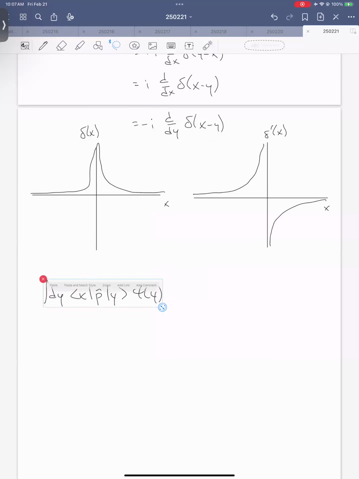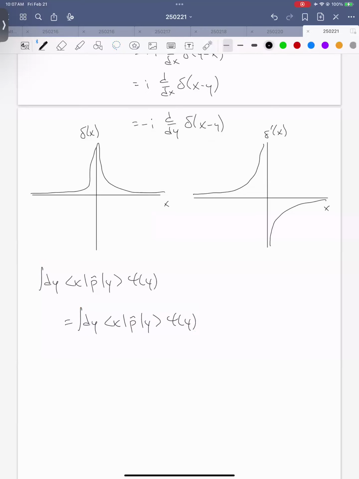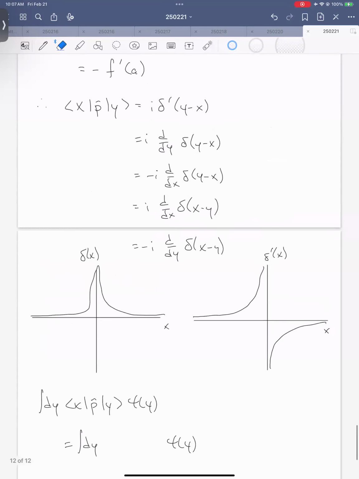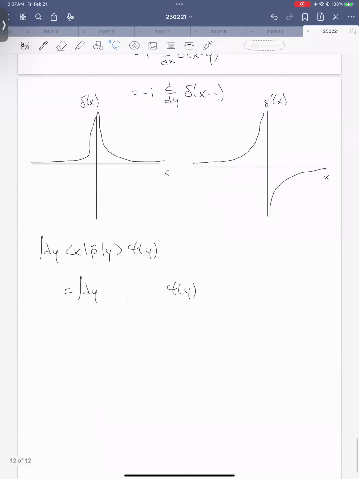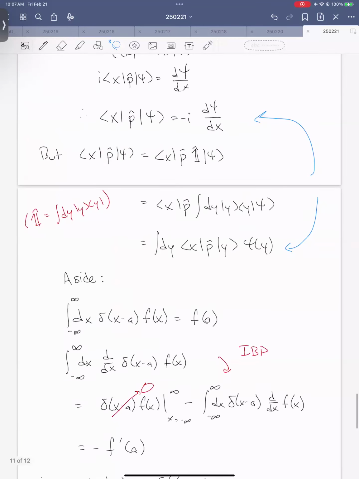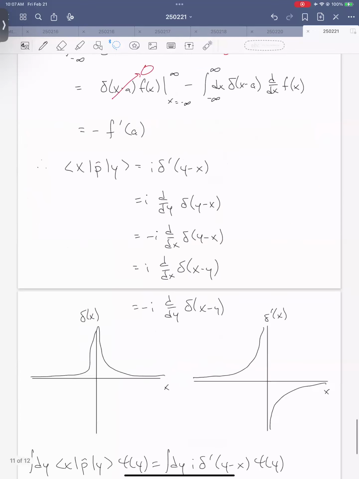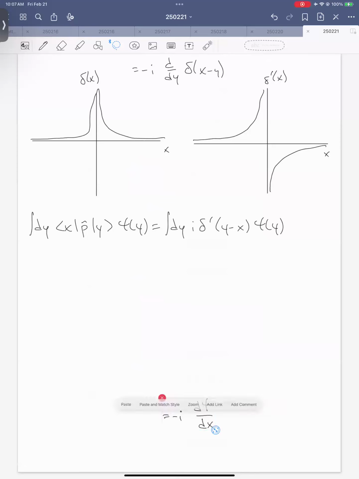All right. So let's start with this. And the claim is that this is equal to, now I'll just get rid of this, and I put in this object. And if all is right in the world and all my signs were done correctly, then we're going to get back the known right answer, which is this. So we better get that at the bottom of our calculation. Okay, good.